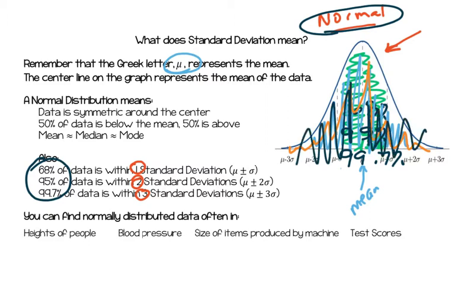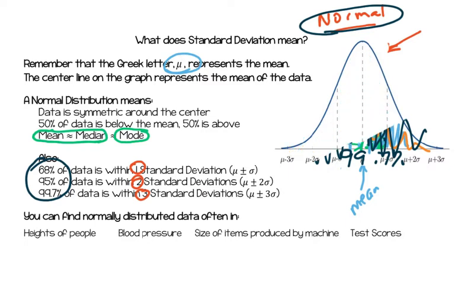Because it's symmetric, the mean is also the same as the median. And that happens in symmetric data. Also, it's the mode. So when we're looking at our normal curve, we have this point in the middle, which is the mean, and then you go out a standard deviation in both directions.